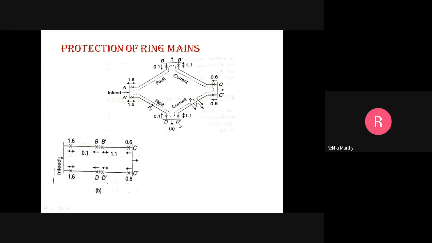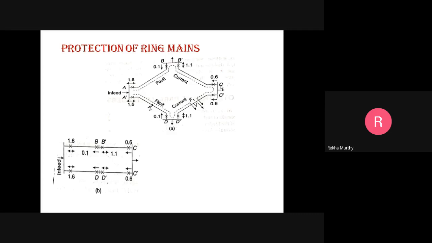Obviously, C dash and D dash will trip to isolate that faulty feeder. The relay at C will not trip because the fault current is not flowing in its tripping direction, though its operating time is the same as that of the C dash. That is why this C should not react.